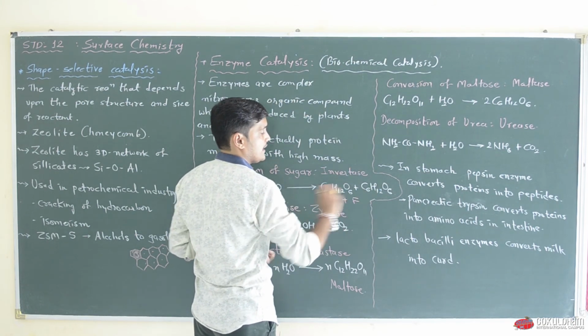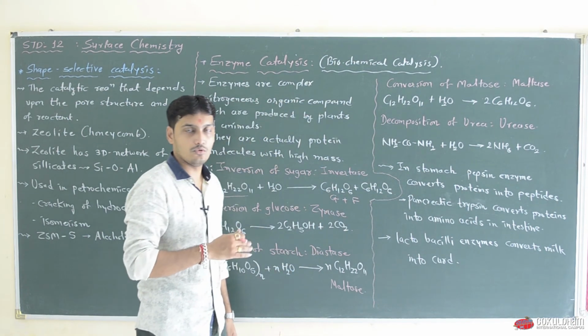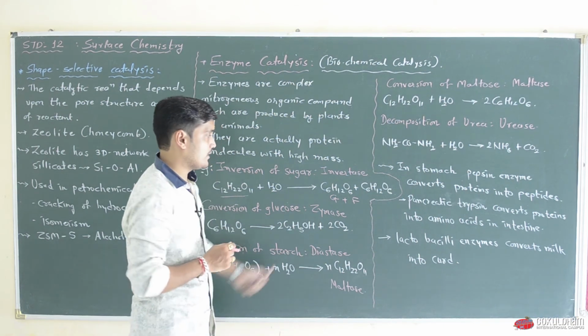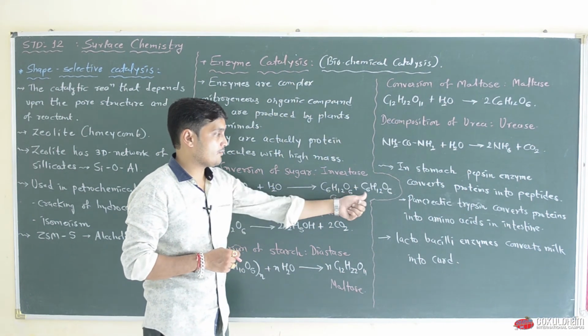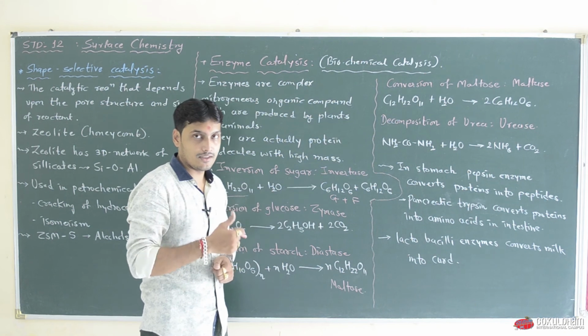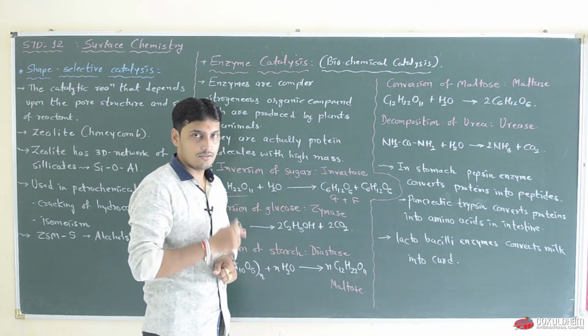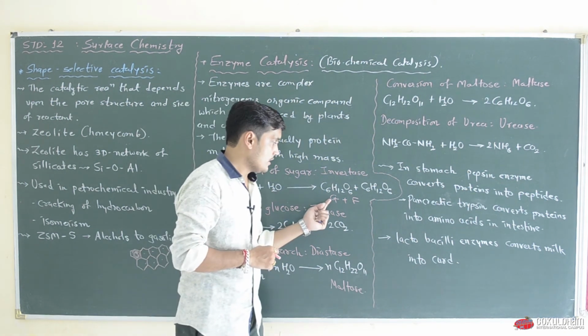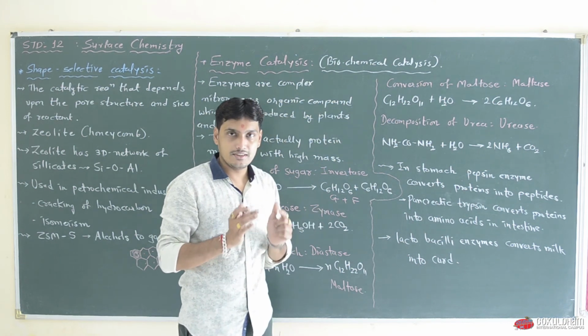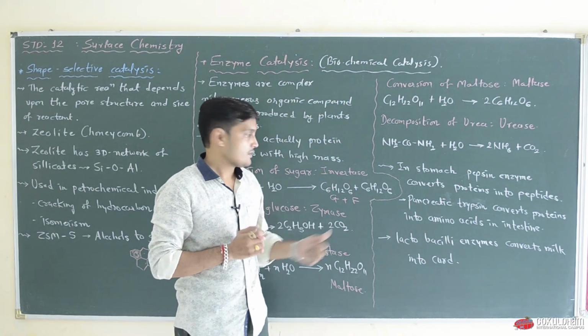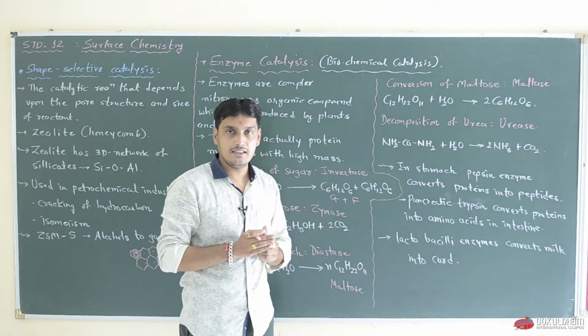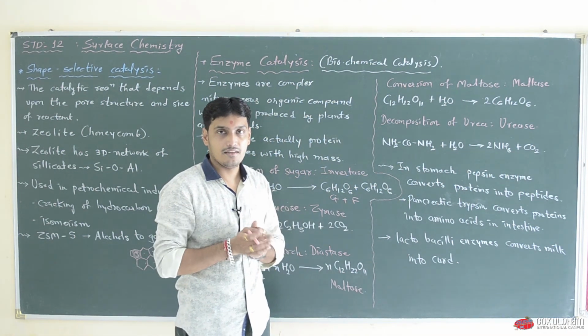Molecular formulas are the same for both glucose and fructose. But what is the difference? So remember, glucose contains a 6-member hexagonal ring and fructose contains a pentagonal ring.